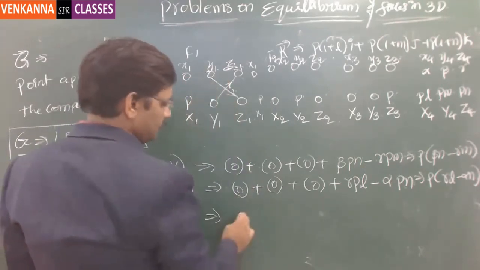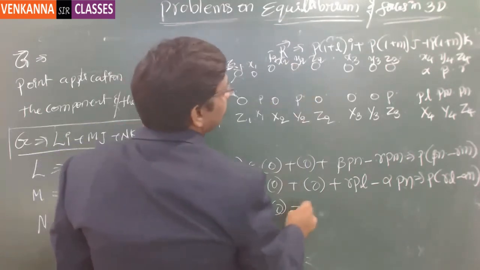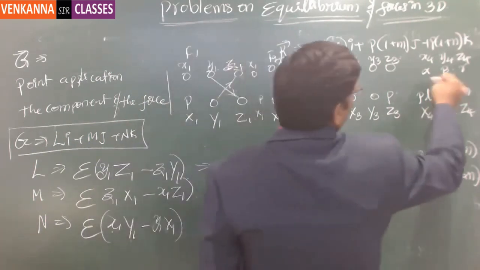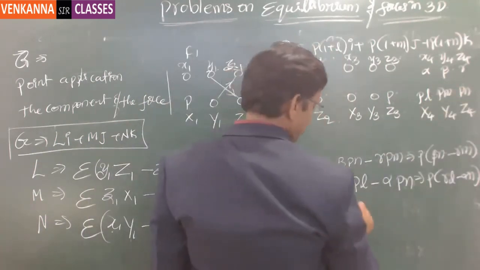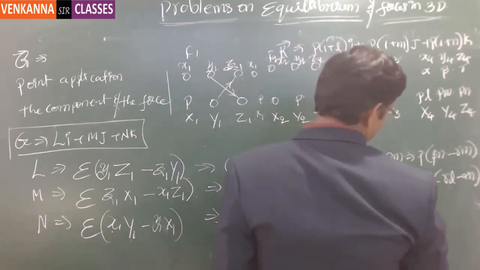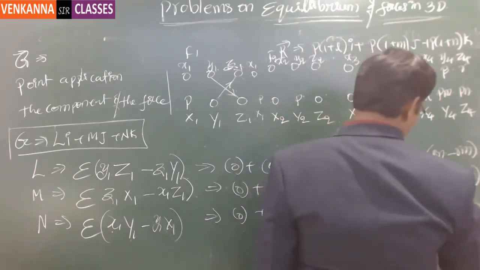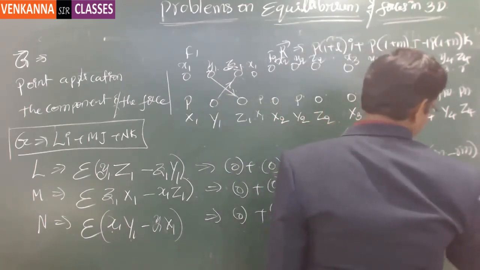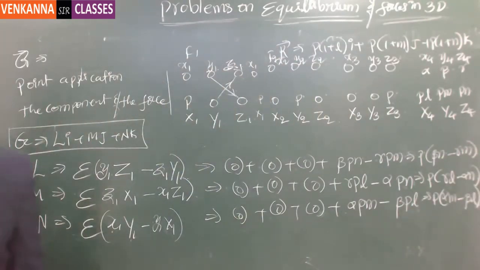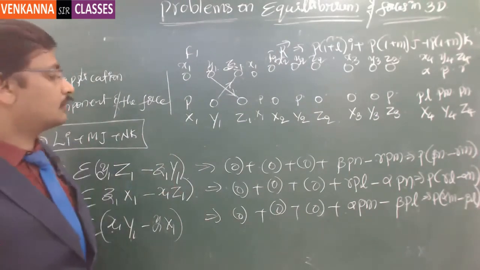So 0 minus 0, so this is 0 plus 0 minus 0 plus 0 minus 0 plus alpha Pm minus beta PL. So this is P times of alpha M minus beta L. Got it? So this is the LMN value. I hope you understood why I have taken this way. If you have any questions, you can ask me now.